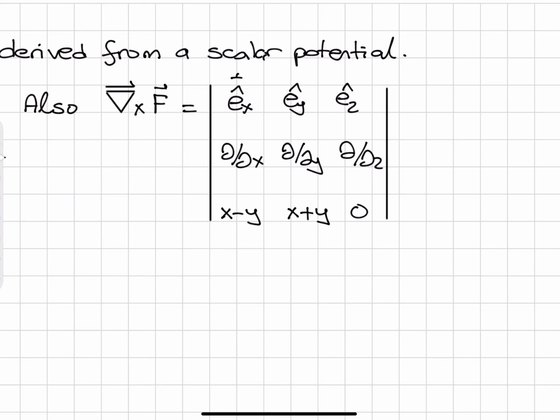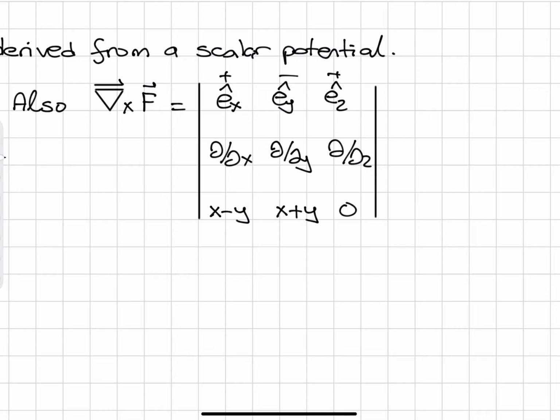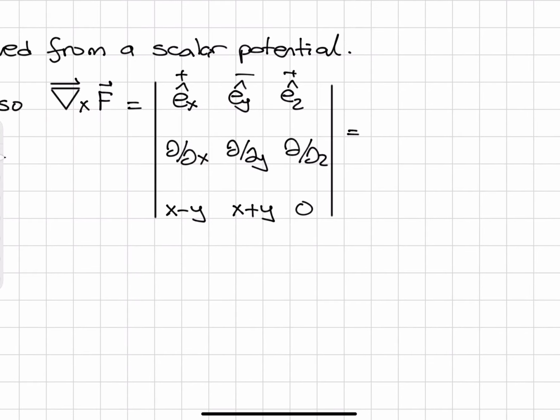Now, performing this determinant with respect to the first axis here, I cross out the first row and first column. Del del y 0 is 0, minus del del z x plus y is 0, so 0 times ex hat. Then I cross out the first row, second column, del del x 0 minus del del z x minus y is 0, so 0 times ey hat.